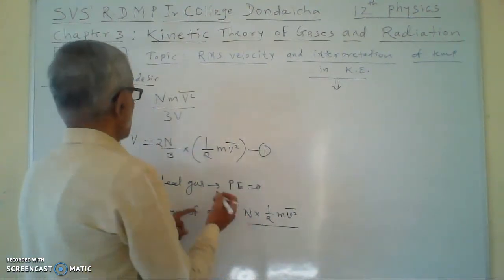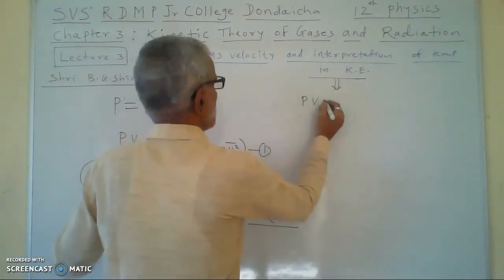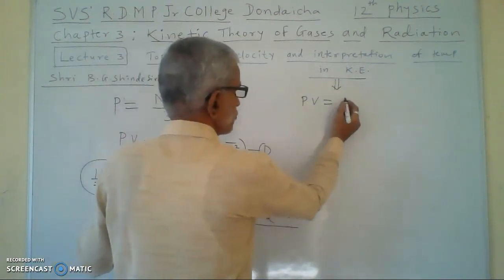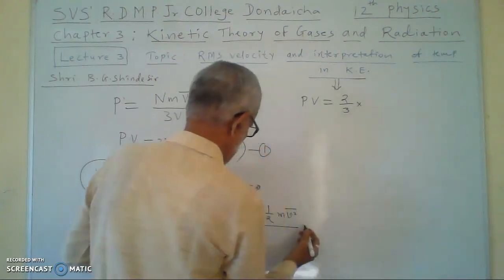So we can write this equation as PV is equal to 2/3 multiplied by total energy.